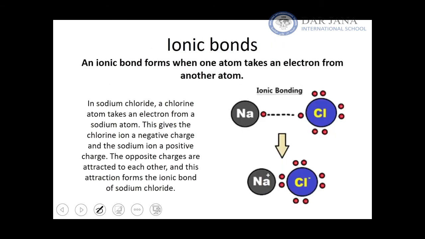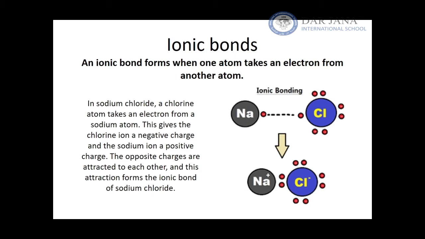Now for the ionic bonds, let's remember that an ionic bond is formed when one atom takes an electron from the other one. So it's a bond that's realized by giving or gaining, losing electrons.